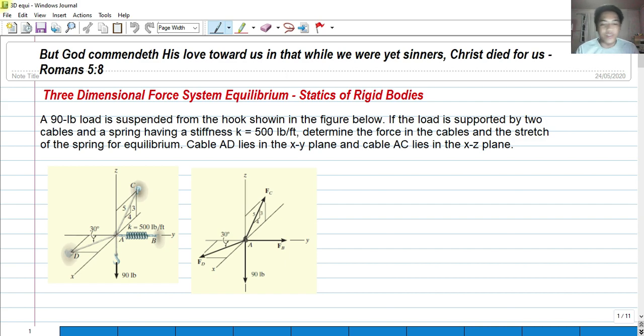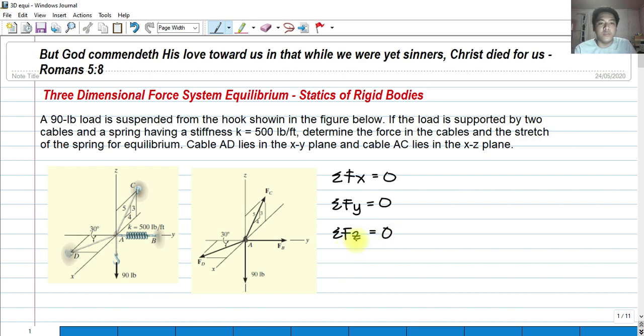So, going back to our study, we shall be talking about three-dimensional force system equilibrium, statics of rigid bodies. In our previous video, we talked about two-dimensional. The condition for equilibrium, again, is still the same for 3D, wherein we have summation of forces along x equals 0, summation of forces along y equals 0, and summation of forces along z equals 0.